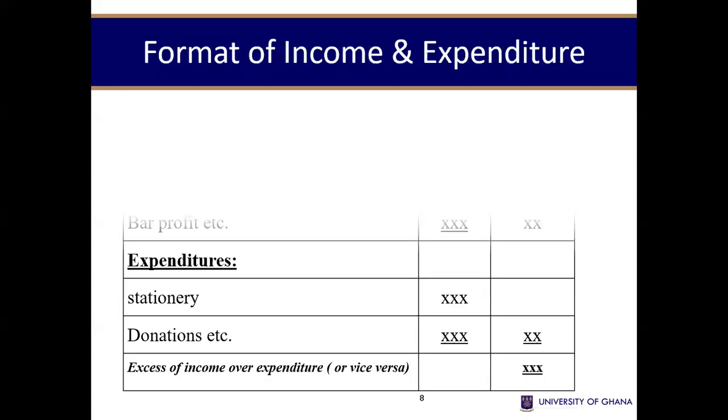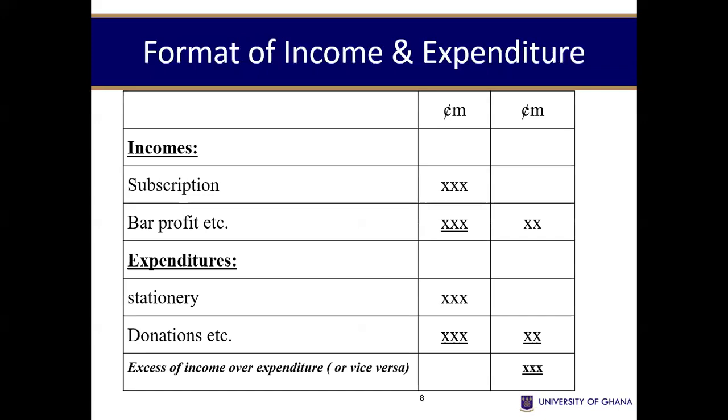If we look at the income statement also, we have the subscription that will come in for the year. Okay, after you've taken record of those who paid in advance and those who are owing, of all monies you have received, you account for the portion that relates to the particular year because of the matching concept. And then also we show the bar profit from the other activities that the non-profit organization is engaged in. And then of course we take out our expenditure.